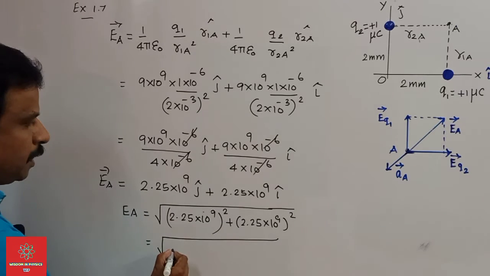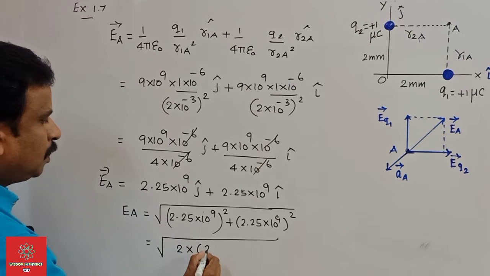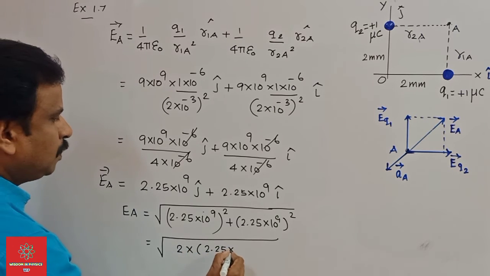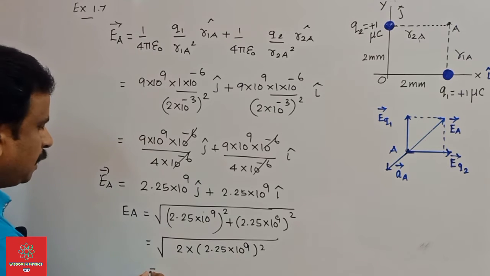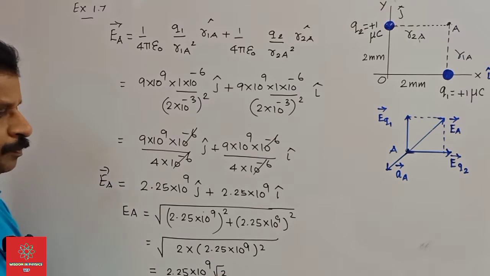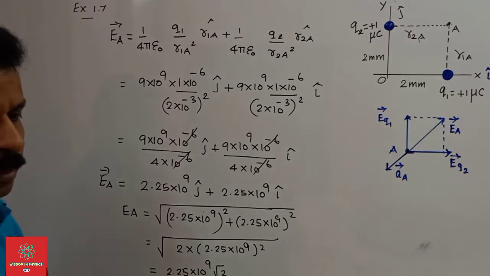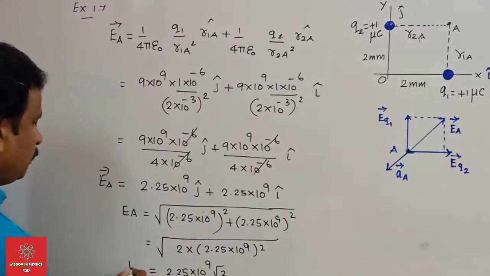One step, this will be 2 times, am I right? So 2 into 2.25 into 10 to the power of 9 the whole square, and this can be written as 2.25 into 10 to the power of 9 into root 2. Am I right like this? Okay, so this is the magnitude of this vector.